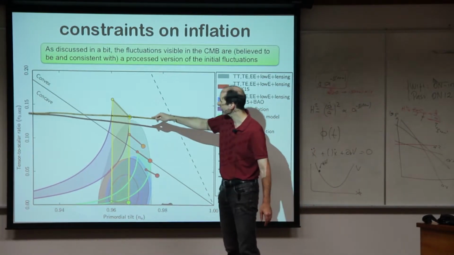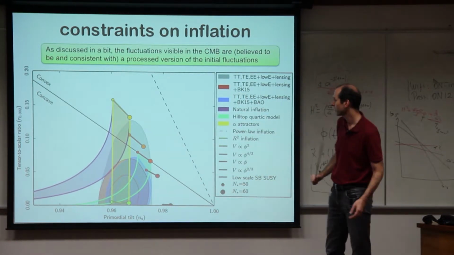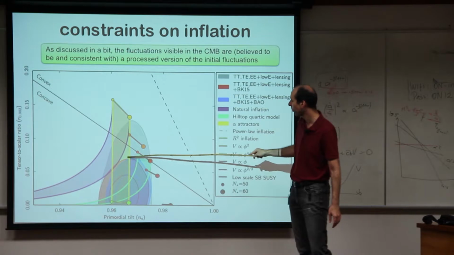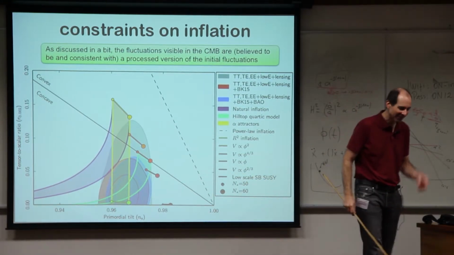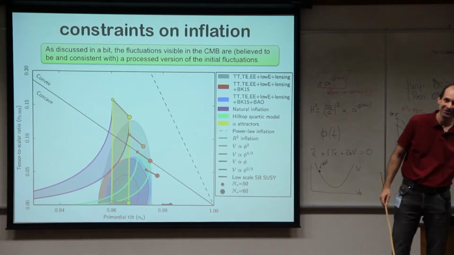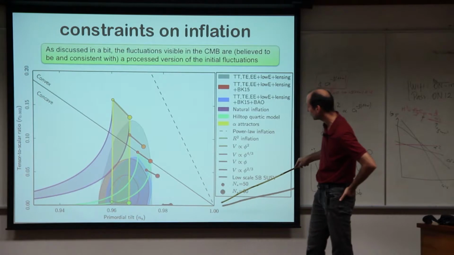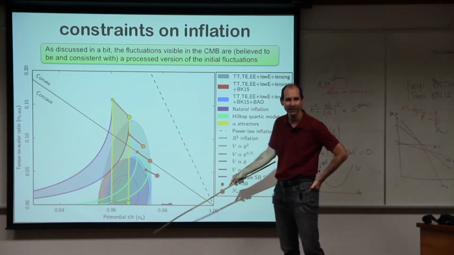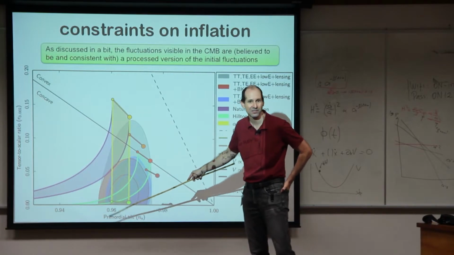So this is the amount of gravitational waves, and this is the deviation of the perturbation spectrum from a scale invariant spectrum. And I don't really want to explain that to you, because otherwise we never get to dark energy. But let's say inflation tells us it should be close to 1, but not quite 1. And indeed, it's something like 0.96.